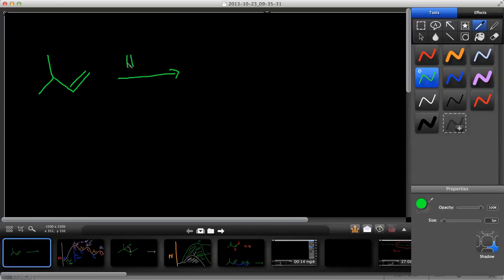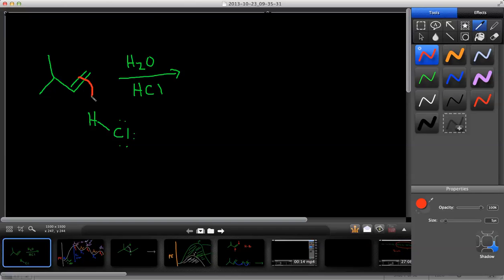So our reagents will be H2O and HCl. In the first mechanistic step, we will have a proton transfer.